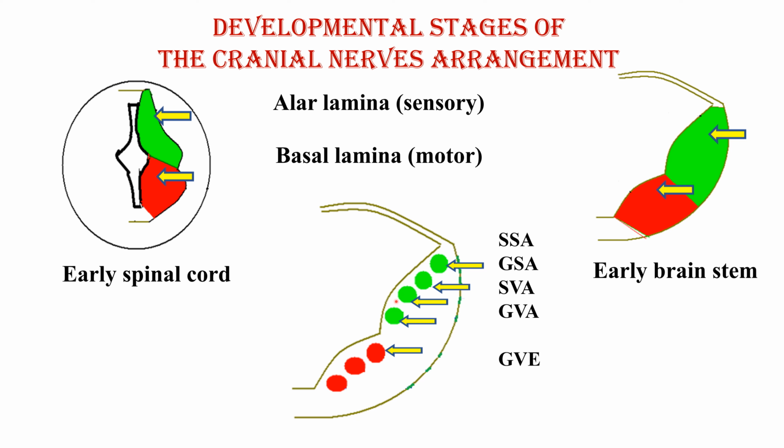While the 3 motor will start with the most lateral, the general visceral efferent, special visceral efferent, and the general somatic efferent is the last one. So that is the arrangement of the breakdown of the alar lamina and the basal lamina.